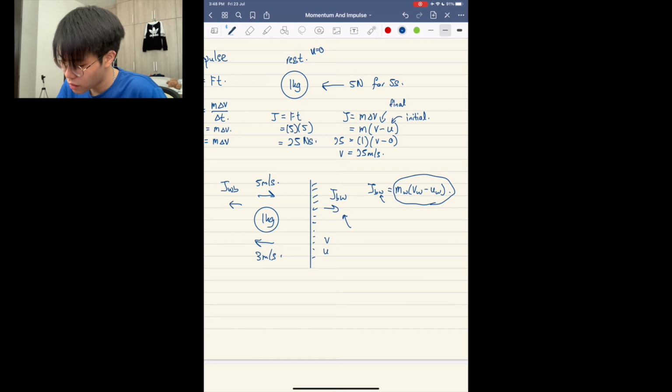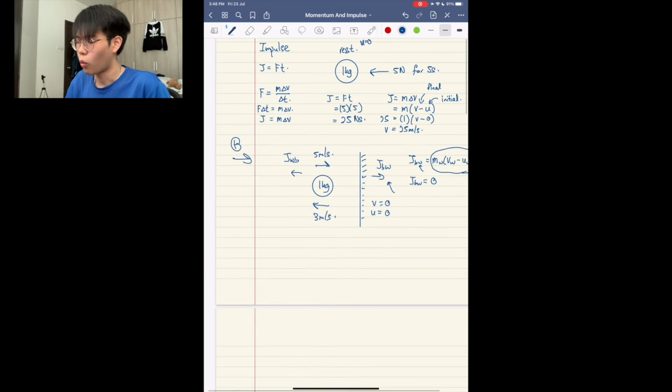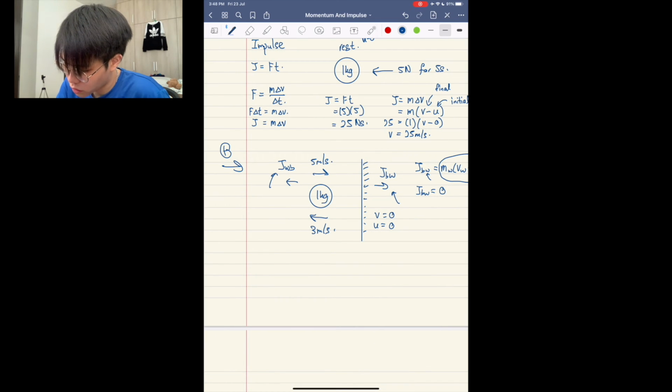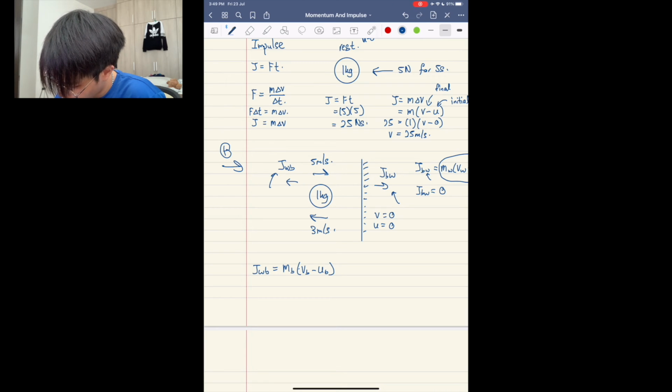Their final and initial velocity are just 0. So the impulse of BW will naturally become 0. So what we can do is find the impulse on the ball by the wall. Here we put the mass of the ball and the velocity of the ball.